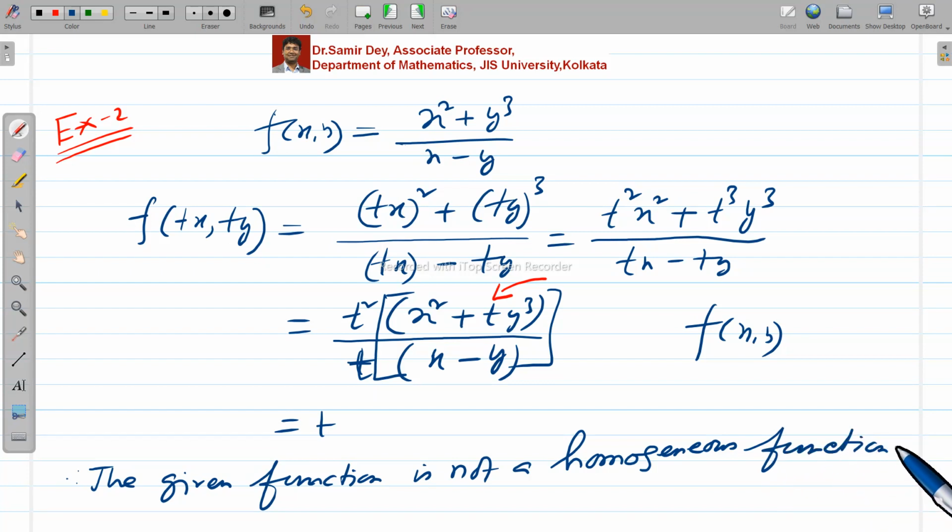Is it clear to all of you? Because you are unable to express it except t, because you need to take all t common, but here one t is extra. So that's why this function is not a homogeneous function. Is it clear to all of you?